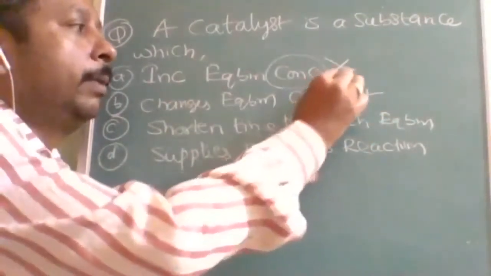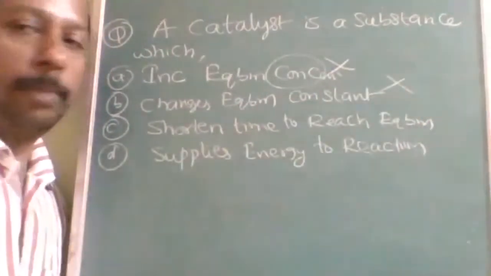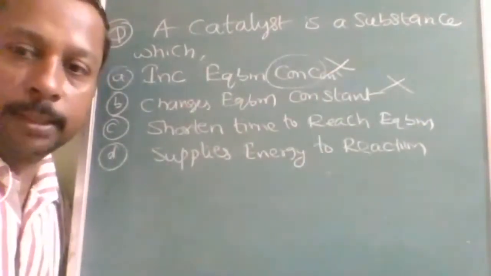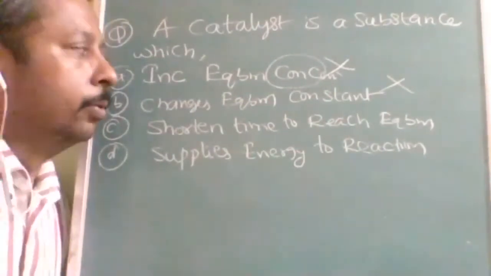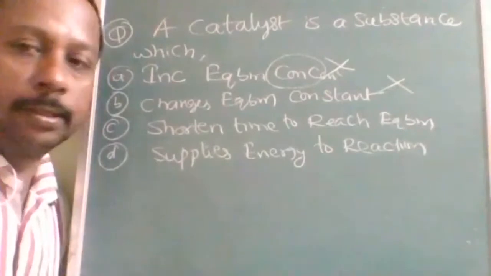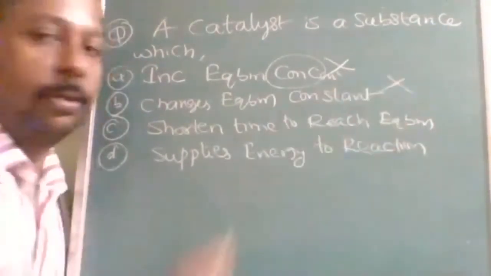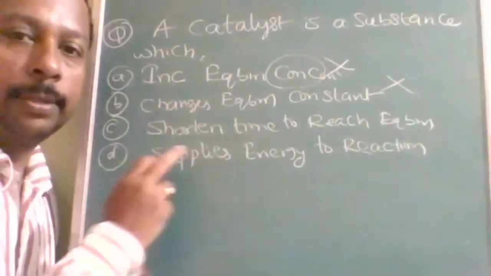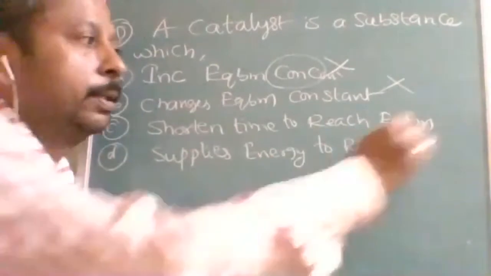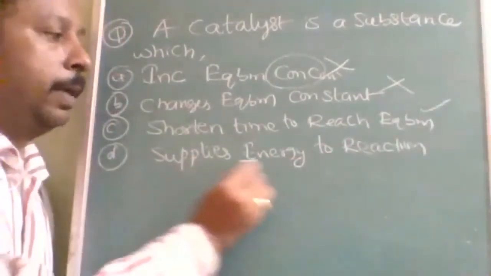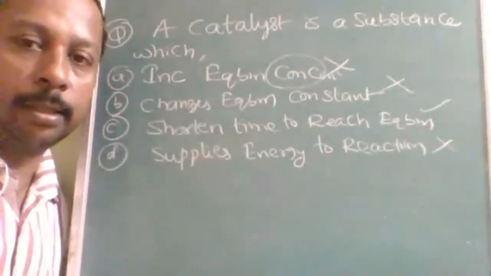No. Equilibrium constant can be changed only with temperature. So B option is also wrong. And C option, shortens the time, that means decreases the time to reach equilibrium. This is correct. And supplies the energy? No, it does not supply. It reduces the requirement. Understood?